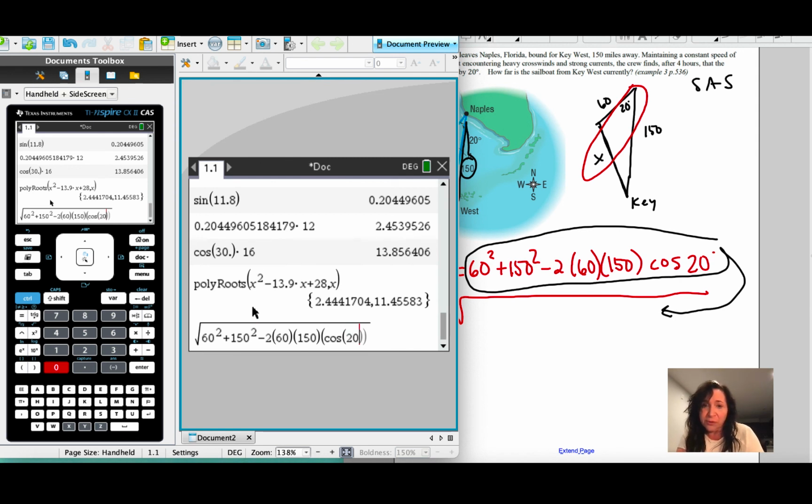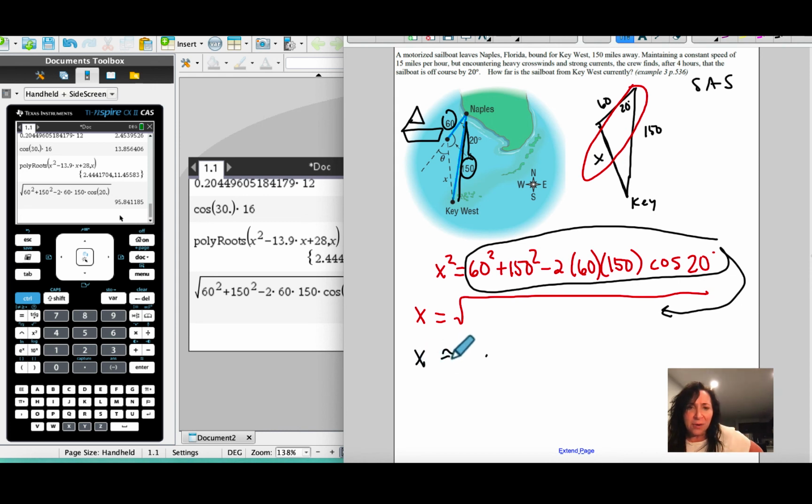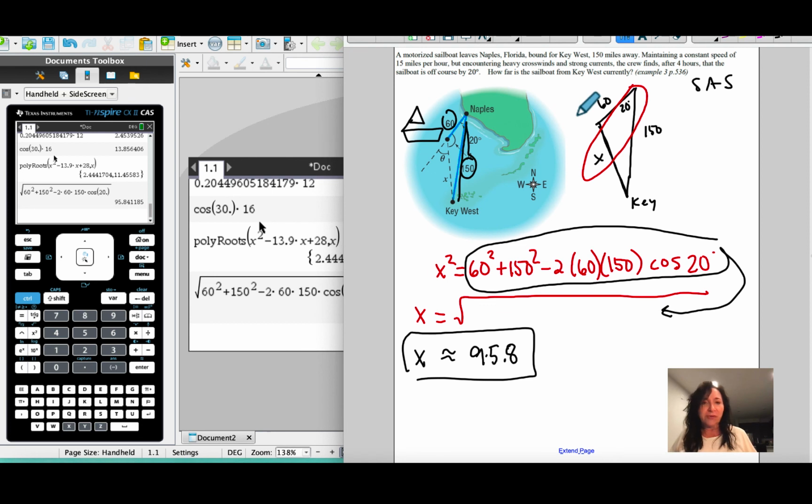Oh, there's no decimals here, so I'm going to put a decimal. Am I in degrees? Check. Yes, check. And I think, yeah, just enter. 95.8. So X is about, what did we get? 95.8. I think that's right. Okay, hopefully. Miles off of where we're supposed to be.